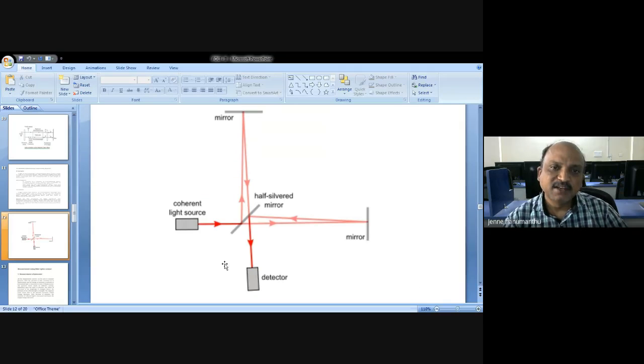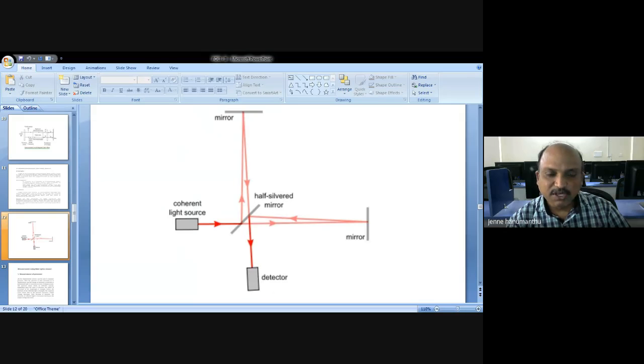In this arrangement, there is a coherent light source. Light source means nothing but a laser. There is a laser beam, and here we are placing mirror 1 and mirror 2. Two mirrors we are placing, and there is a detector.